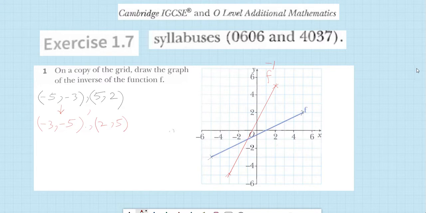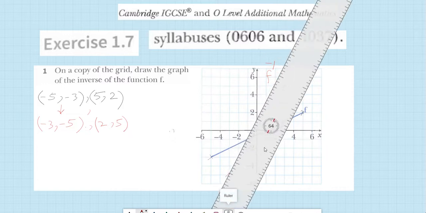Then just plot these 2 points and join them to get the inverse of the function. Hope you understand.